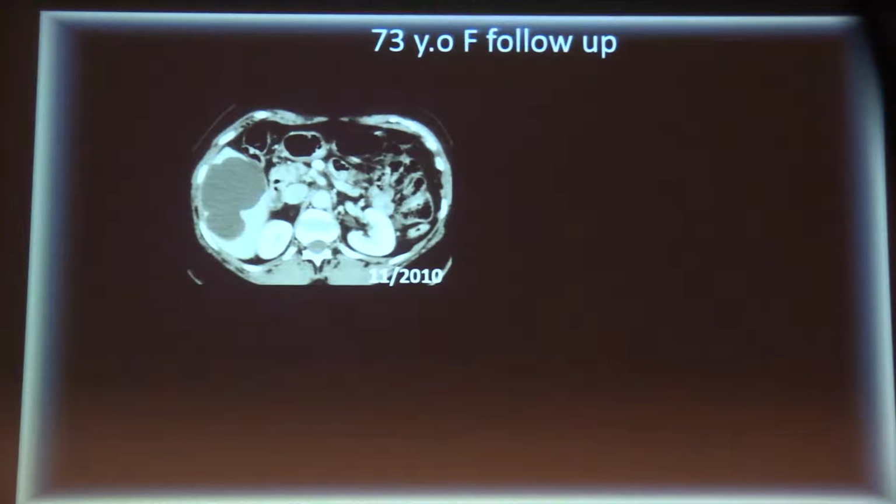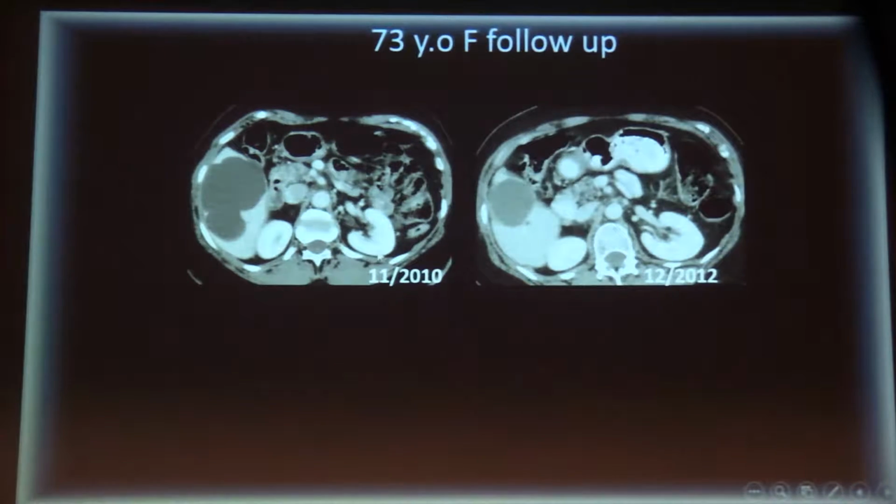This is a 73-year-old female who comes for routine follow-up because she has this multilocular cyst within the liver. And 2 years after her initial CT, she presents with the cyst, which has increased in size, and there was no enhancement.